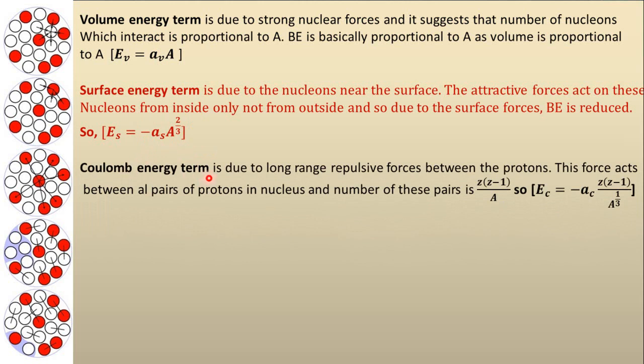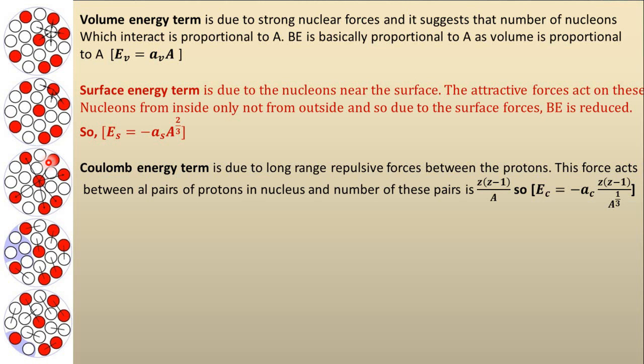Third term is the Coulomb energy term, and this term is due to the long range repulsive forces present between the protons. This force acts between all the pairs of protons inside the nucleus. So we have neutrons and protons distributed inside this nucleus, and because protons have positive charge, there will be Coulomb repulsion between these protons.